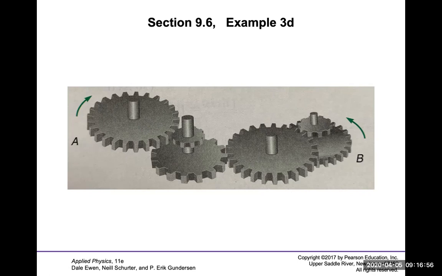So that's not a good rule. A better rule would be to think about the shafts. If the first shaft is going clockwise, the second shaft has to go counter, and the third shaft has to go clockwise, and the fourth shaft has to go counterclockwise. And that would be a good rule for us.